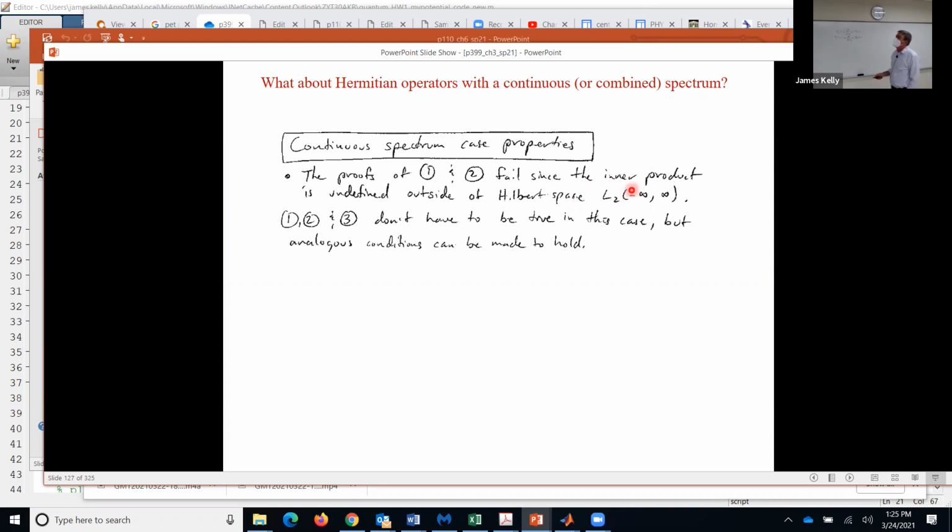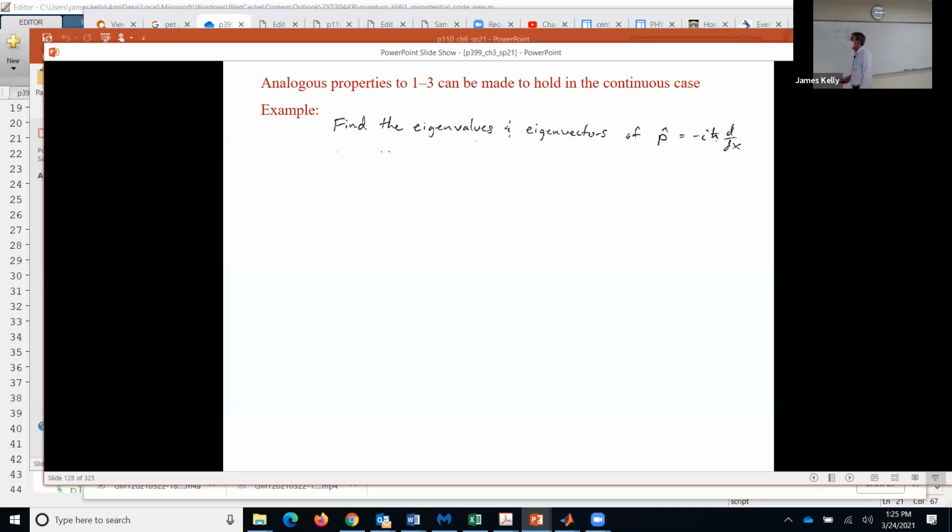And in general, without some more clarifying remarks, properties 1, 2, and 3, where 3 was the completeness statement that was almost by definition, don't have to be true in the case of a continuous spectrum. But if we think about it, we can make analogous things hold in the continuous case in the context of a rigged Hilbert space, adding in those extra functions on top of capital L2.